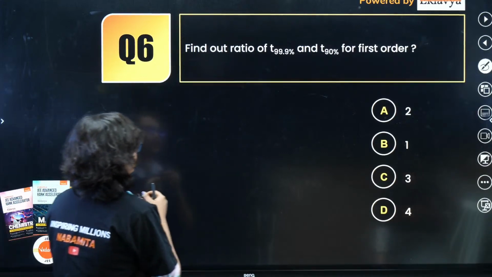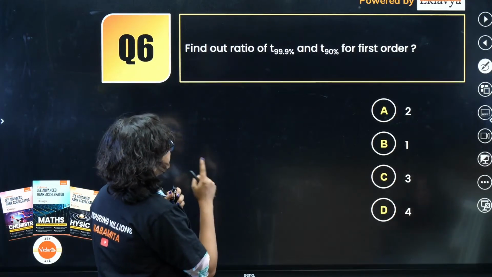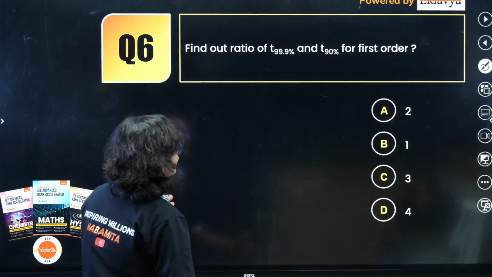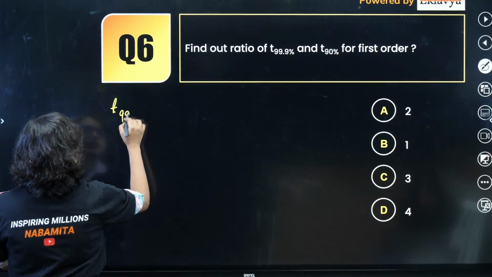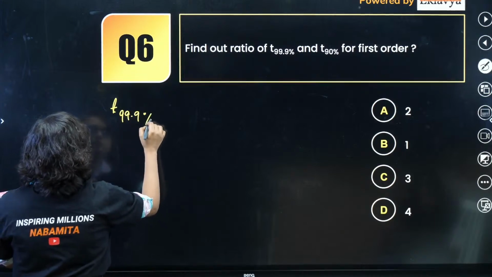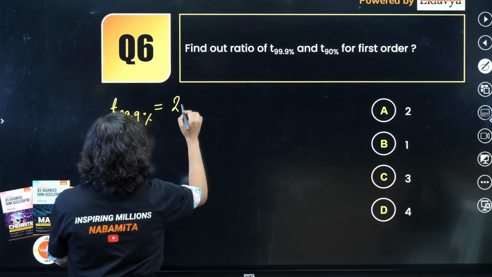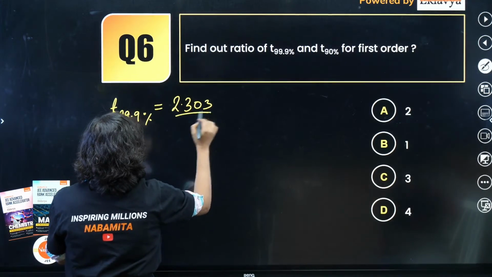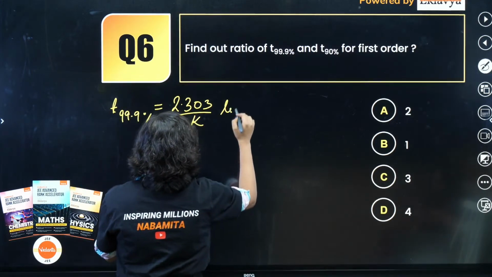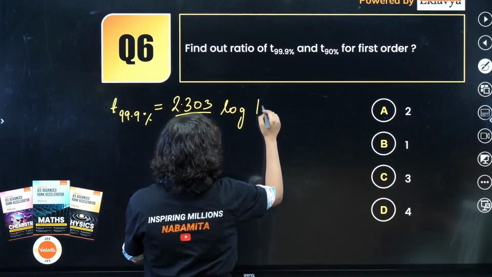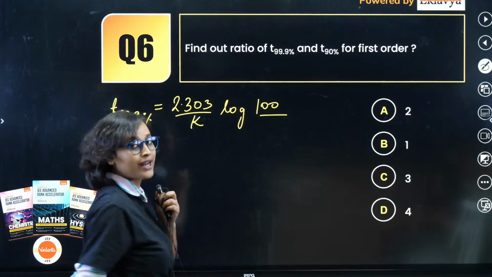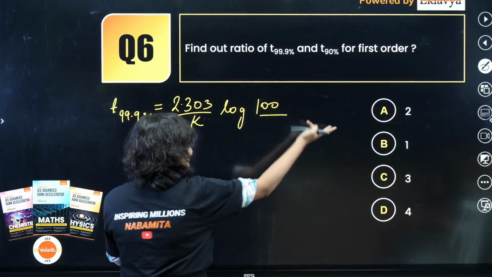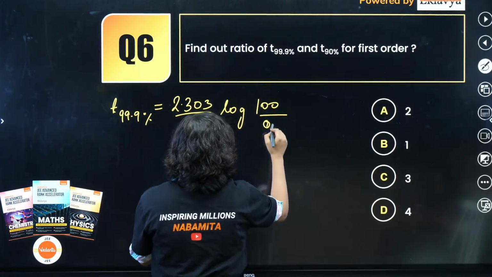Find out the ratio of T 99.9% and T 90% for first order, everybody. Since it is first order, I think we can directly write it as T 99.9% is equal to 2.303 divided by K, and log of initial concentration, which is supposedly 100 here. 100 minus 99.9 will be 0.1.